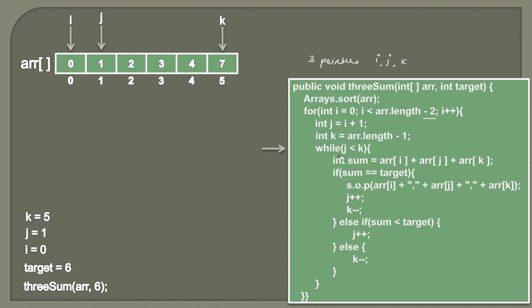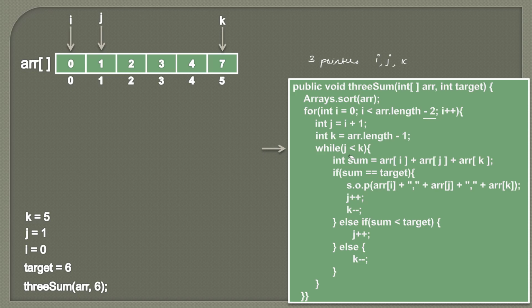Moving ahead. So friends, as we have now pointed i, j and k to 3 different indexes, we will try to find the sum of these 3 numbers, and then figure out whether it is equal to the target or not. This for loop will help us in traversing i, and this while loop will help us in traversing j and k.